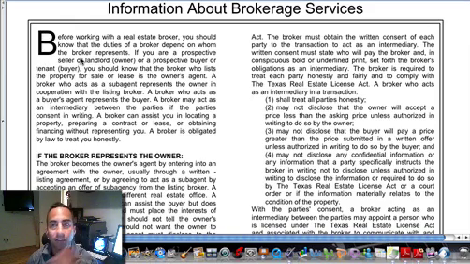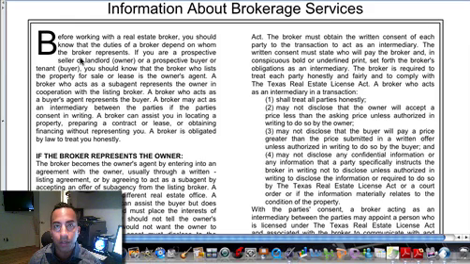Now this is very important because a lot of times when a client will call the phone number on the outside of the house or property that's for sale, they immediately think that the realtor represents them, but that is not correct.